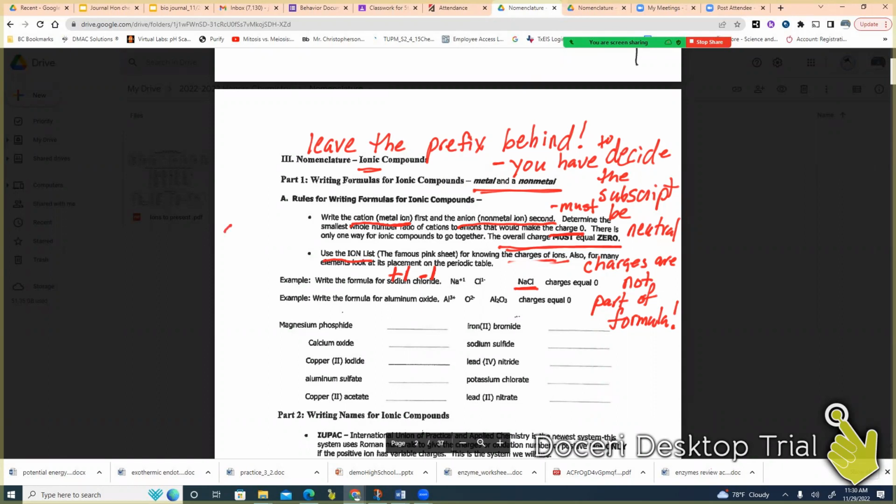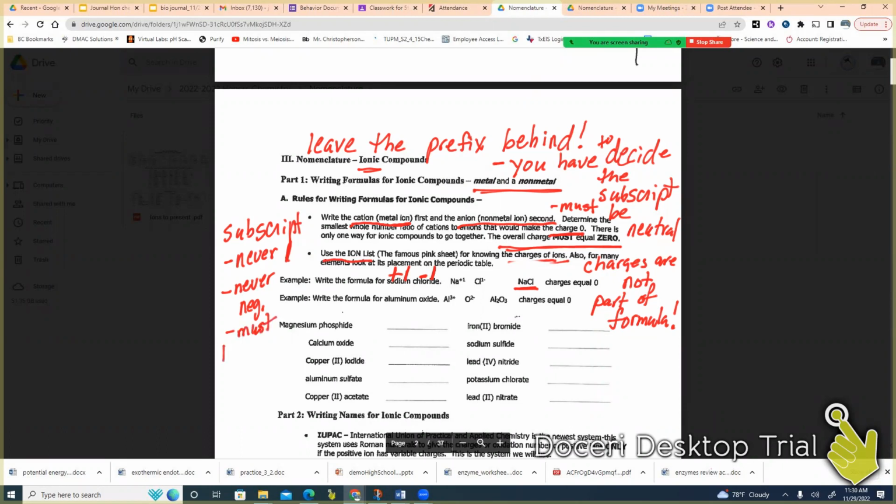Some things about the subscripts: never write a 1. Never negative. Because we're dealing with positive and negative numbers and kind of switching them around, but your subscript would never be negative.